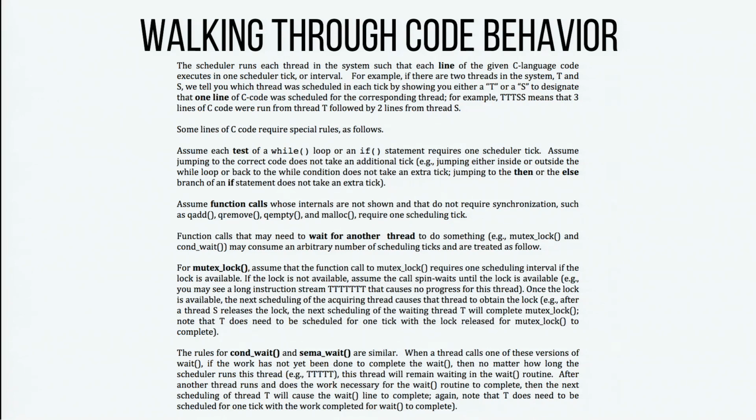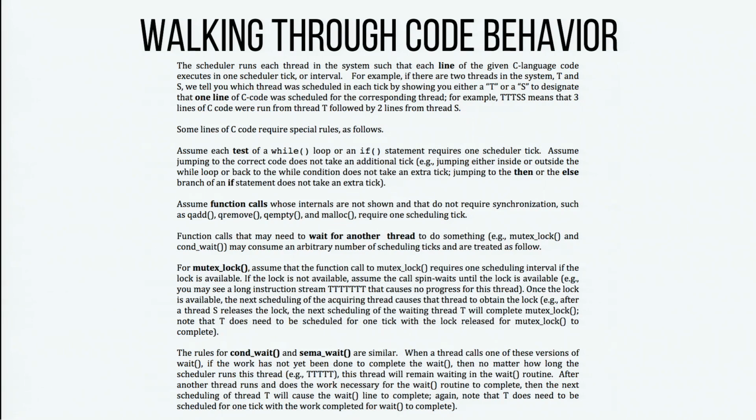The way I've come up with to do this is I'm going to tell you the order that different threads are scheduled in time ticks. For example, if we have 2 different threads in our system, T and S, I'll give you a string of time ticks. This is saying that T was scheduled for 3 time ticks and S was scheduled for 2 after that. And basically, what can you get done in a time tick? It's going to be 1 C statement. That would tell you that T ran for 3 C statements, and then S ran for 2 C statements.